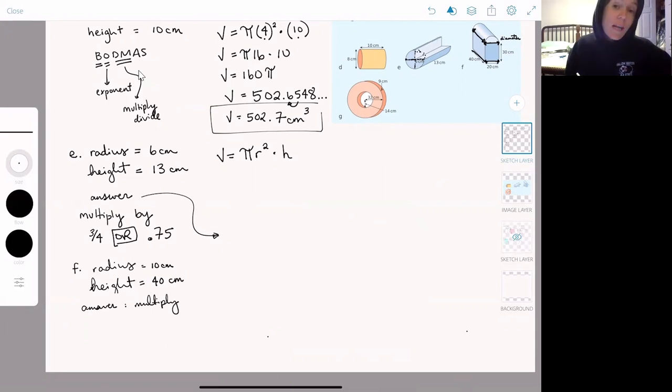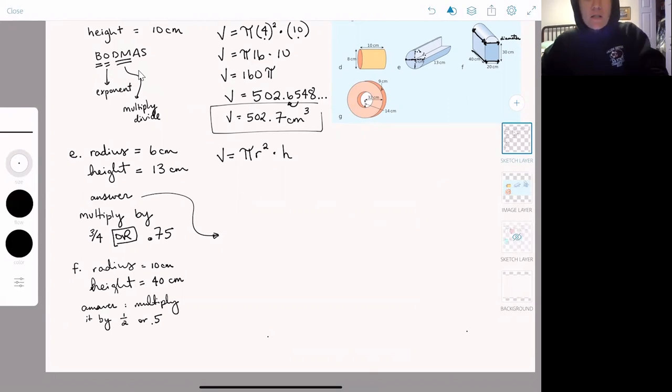Can you figure out what that number or that fraction is? I have half the cylinder, so multiply it by 1/2, or 0.5.